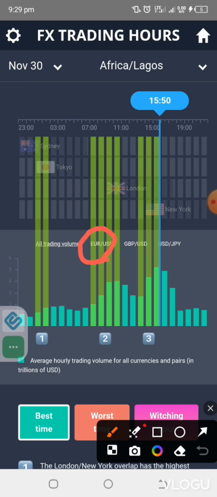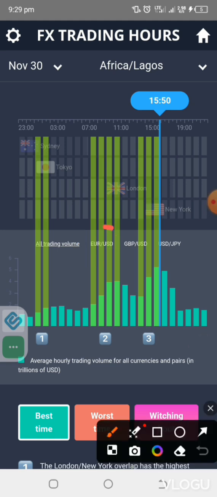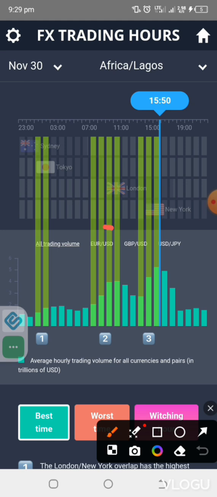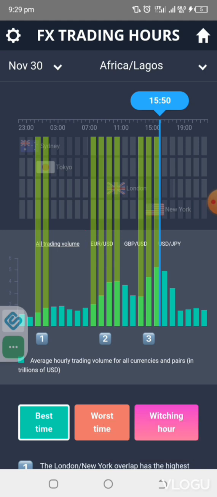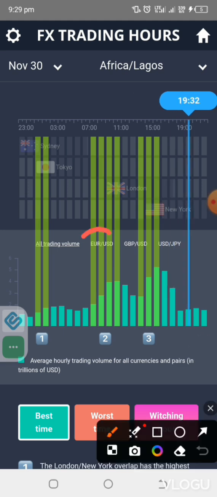Now, what is the best pair to trade at this time? As we look at the chart, you will see the recommended pairs to trade during this time. One of them is EUR USD. It is a very good pair to trade during the London session.